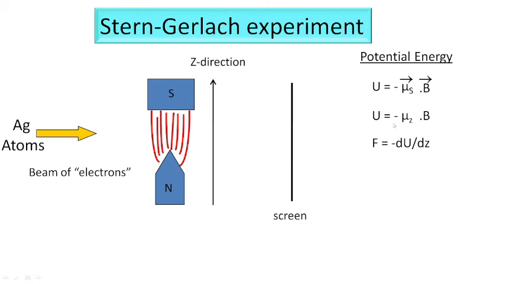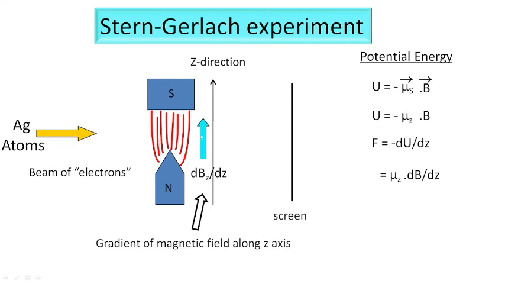If we differentiate this equation with respect to z, we get mu z, which is a constant, times dB upon dz, where dB upon dz is the gradient of the magnetic field in the z direction. The larger the gradient, the more it will deflect the electrons passing through this inhomogeneous magnetic field. That is why we consider an inhomogeneous magnetic field for this experiment.